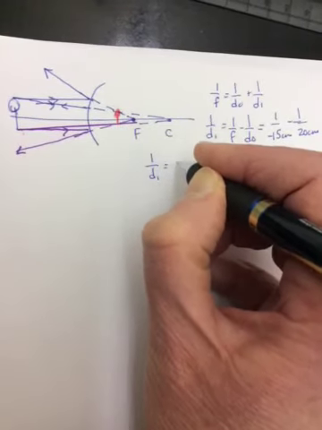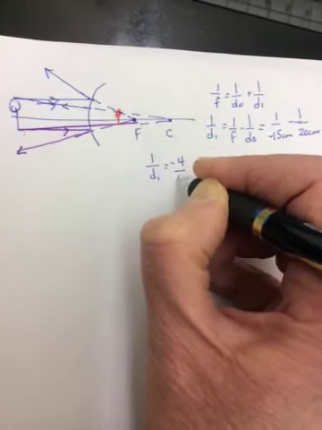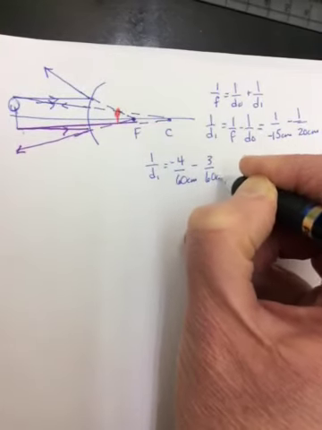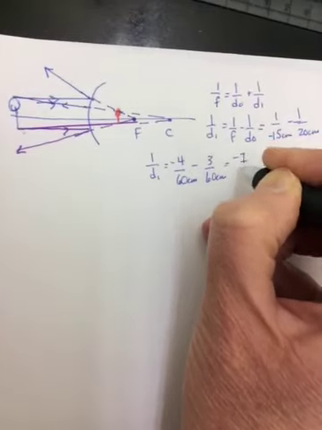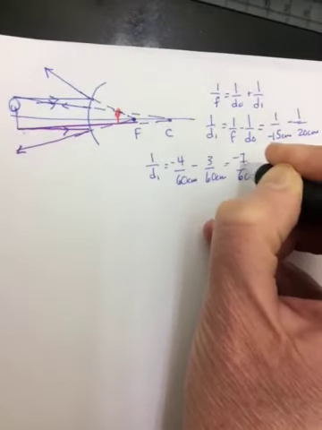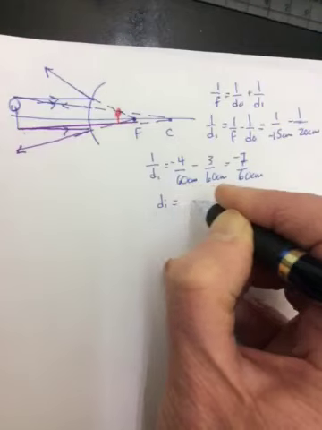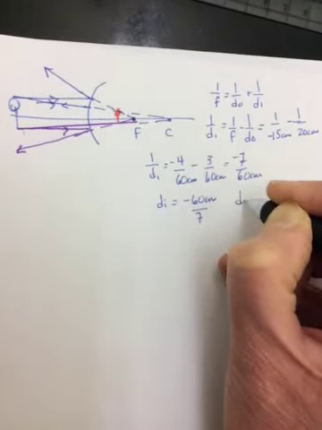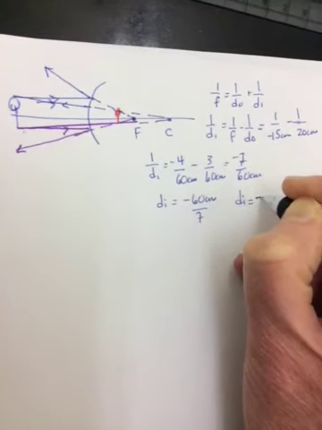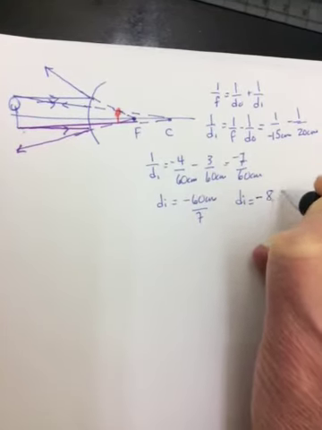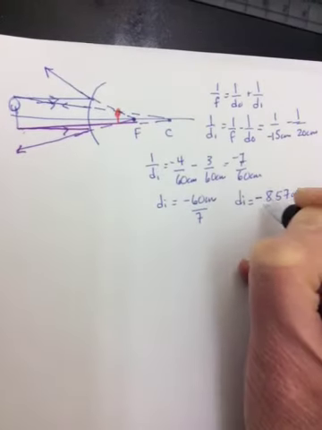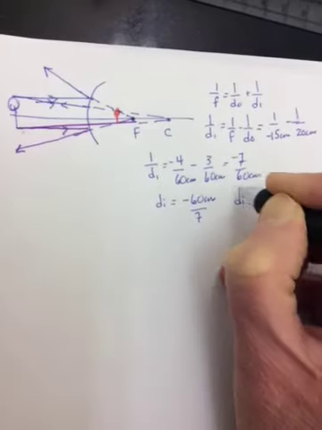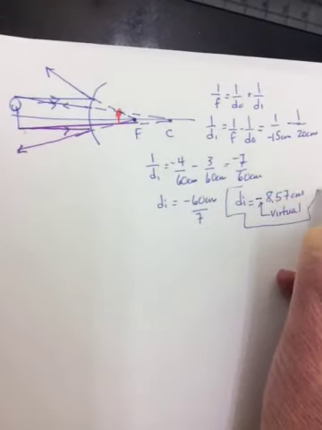So 1 over DI is equal to negative 4 over 60 centimeters minus 3 over 60 centimeters, which is equal to negative 7 over 60 centimeters. So DI is equal to negative 60 centimeters over 7, so DI is equal to negative 8.57 centimeters, where this negative means virtual.